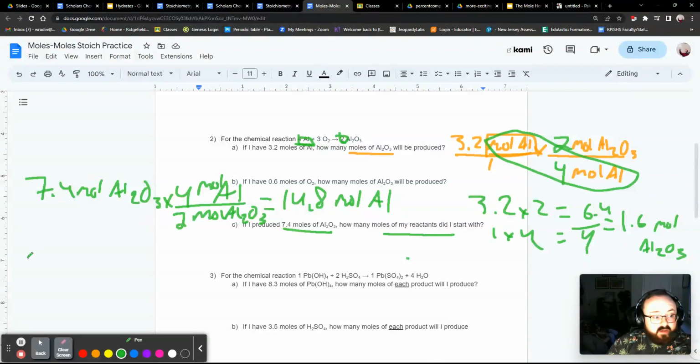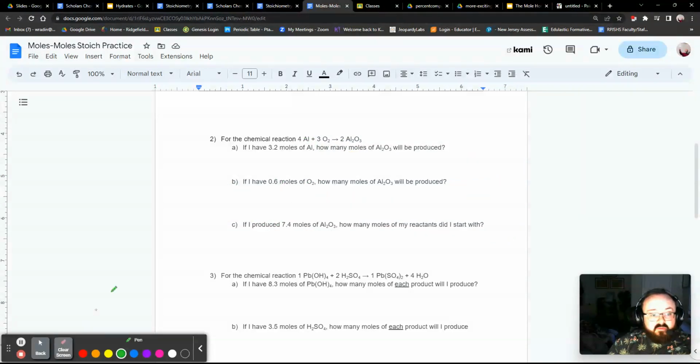I could do this the other way. I can do any type of reaction. I could say if I had 0.6 moles of O2, how many moles of Al do I need? If I had 0.6 moles of O2, and I want to convert that, how much aluminum do I need for my reaction? Moles of O2.